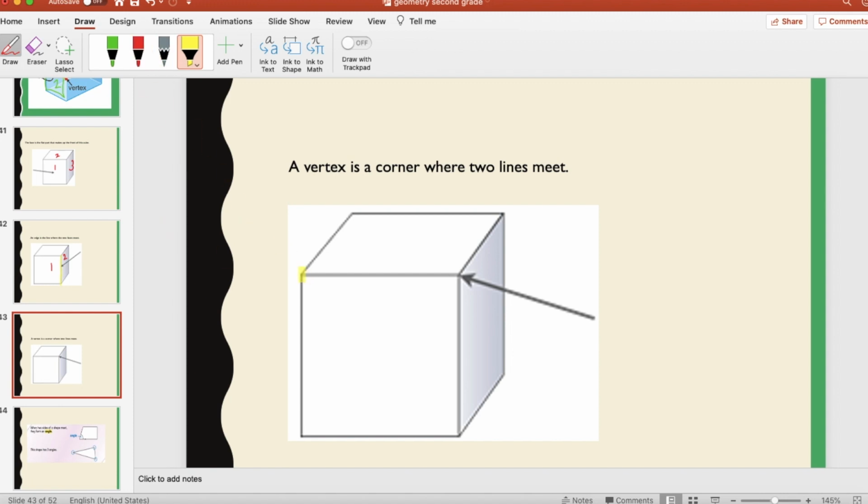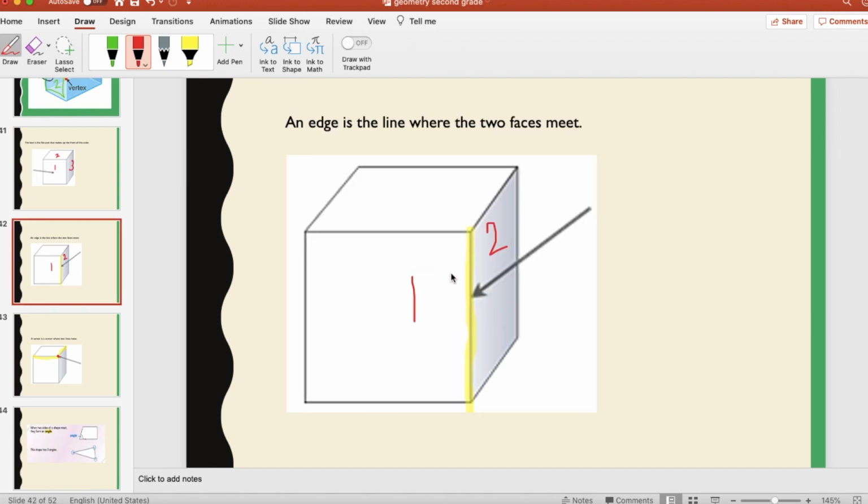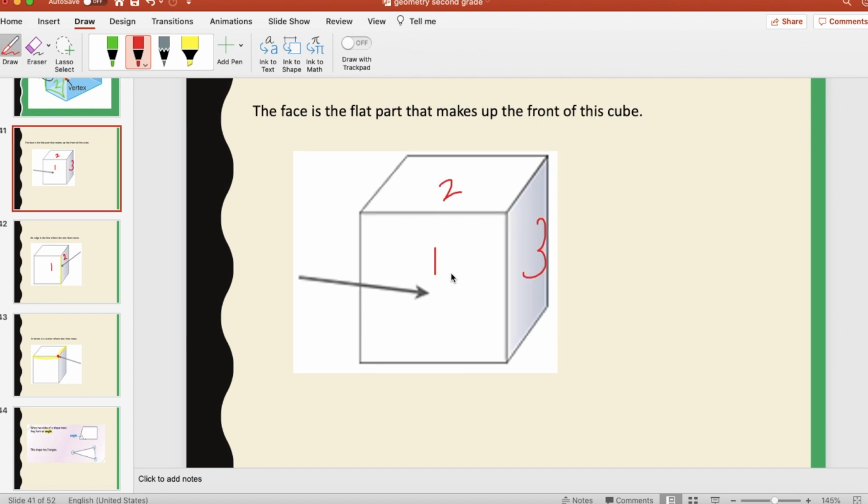I have this line over here and this line over here, and my vertex is this corner where these two lines meet. So vertex is the corner, edge is a line, and a face is the flat part.